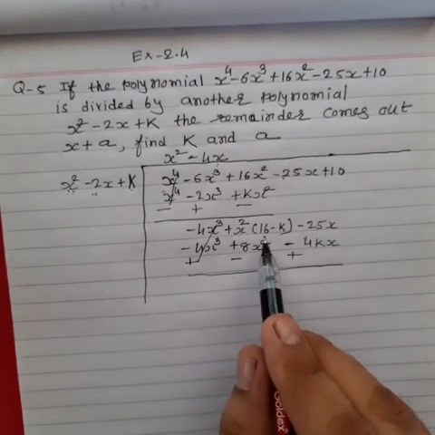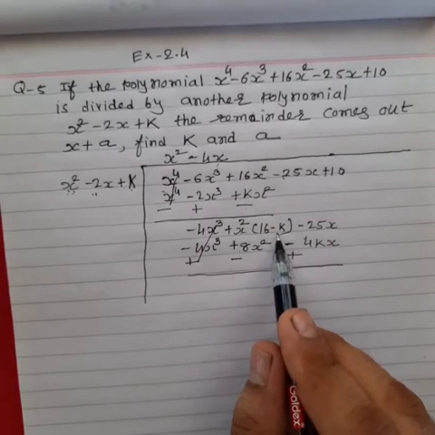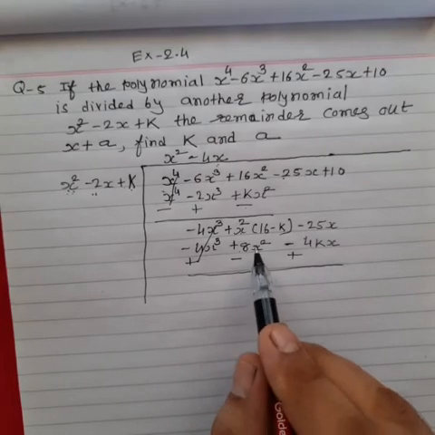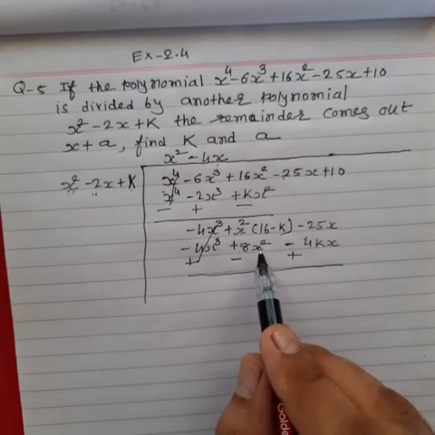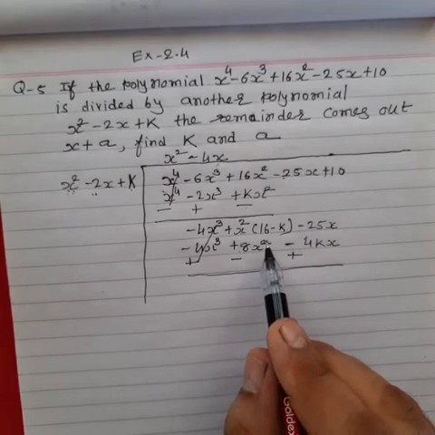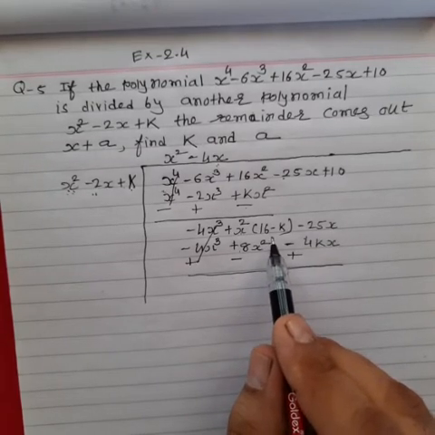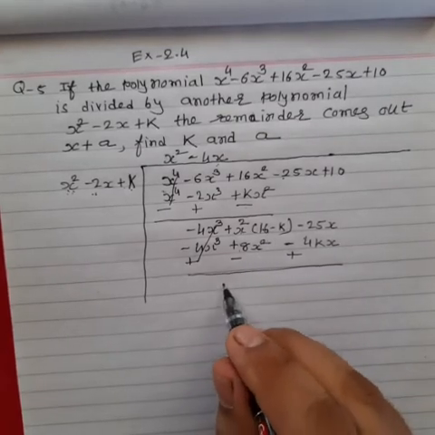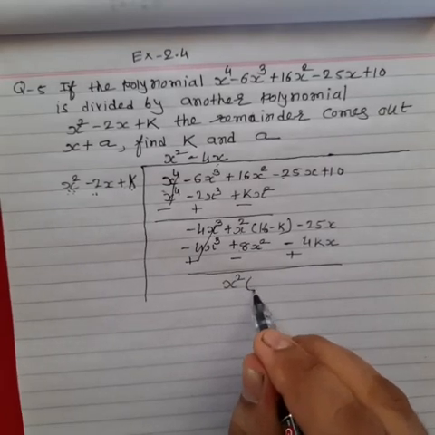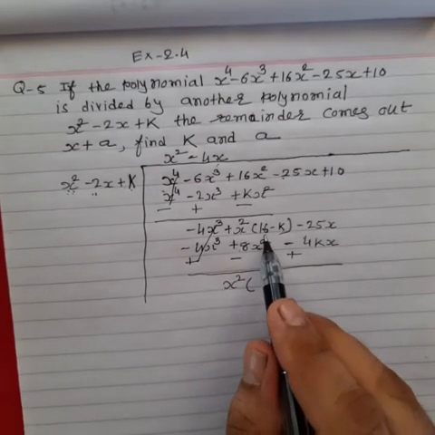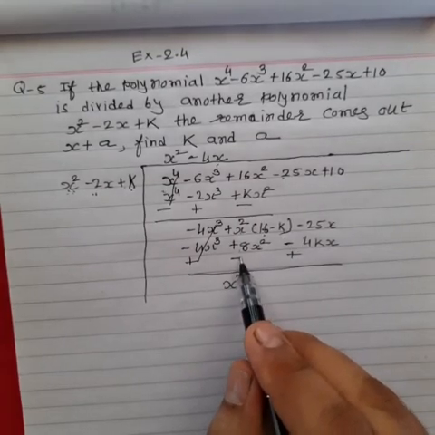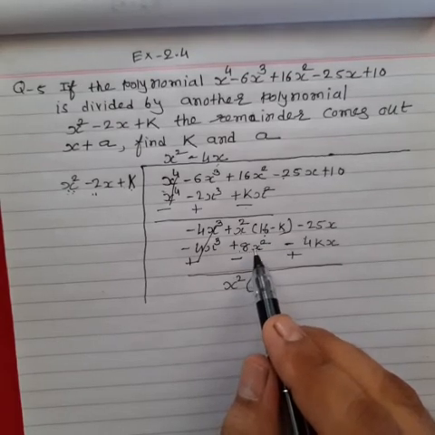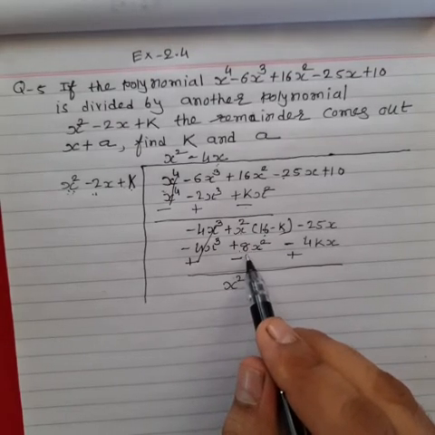Out of these two terms, 16 minus k is unknown, and 8x square is known. So whatever answer we get will be in terms of k. Be careful. Out of these two terms, if you take x square common, what is the leftover part? 16 minus k minus 8. To simplify 16 minus 8 is possible, so 16 minus 8 is 8.